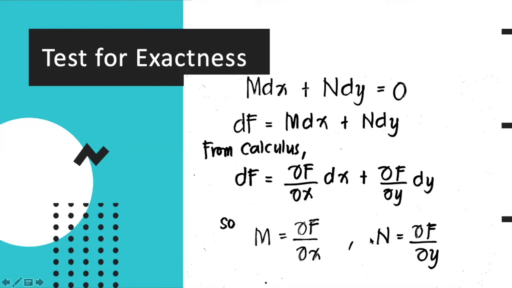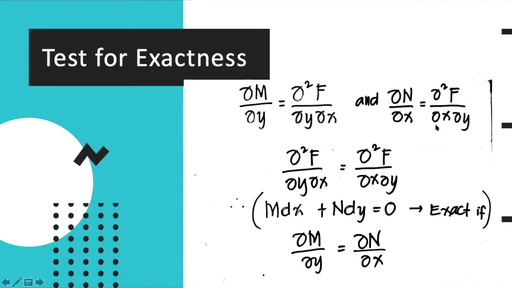And then for this part right here, since N is the coefficient of dy and it's equal to the partial derivative of the function with respect to y, we will differentiate this with respect to the variable x. This is the result of taking the partial derivatives of the given functions, since it involves two independent variables.